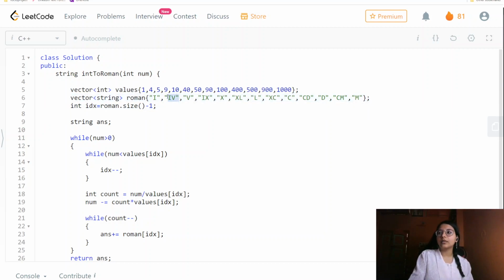So basically that's why we are taking IV, IX, XL, and XC, and then CD and CM also. So that's the thing which we are doing here.